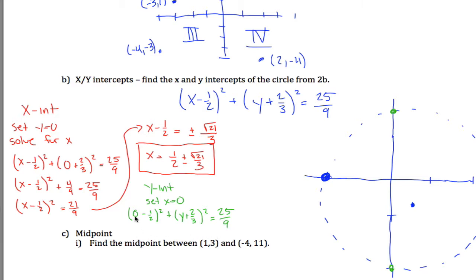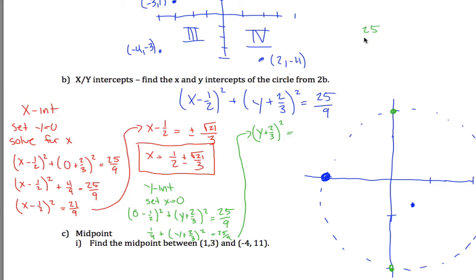And so to solve this, negative 1/2 squared is 1/4. 1/4 plus (y plus 2/3) squared is 25/9. Maybe I jump up here. To get the y all by itself, I'll also have to subtract 1/4 from both sides of the equation. (y plus 2/3) squared equals 25/9 minus 1/4.